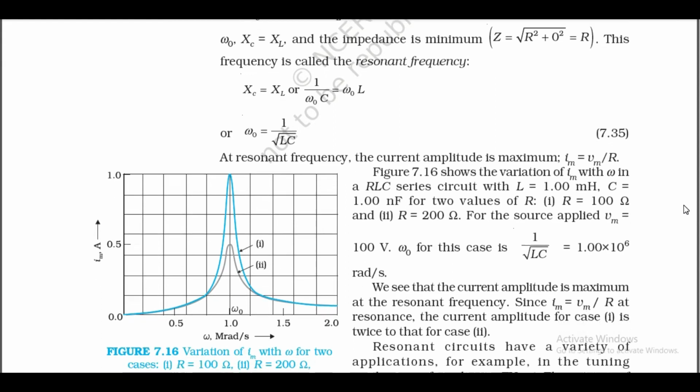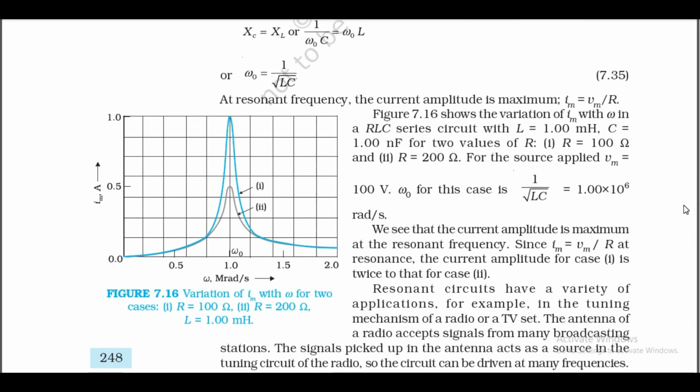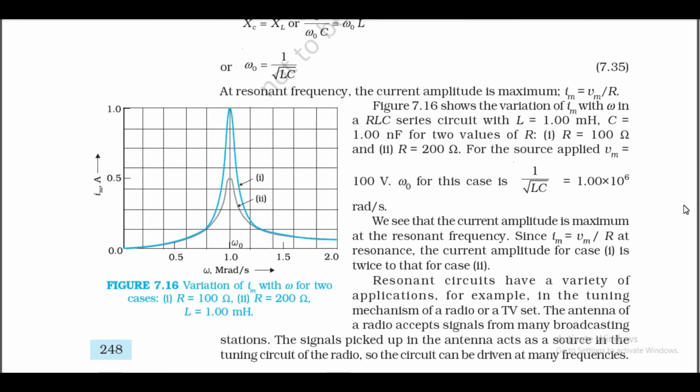Omega naught for this case is 1/√(LC) = 1.00 × 10^6 rad/s. We see that the current amplitude is maximum at the resonant frequency, since Im = Vm/R at resonance. The current amplitude for case 1 is twice that for case 2.